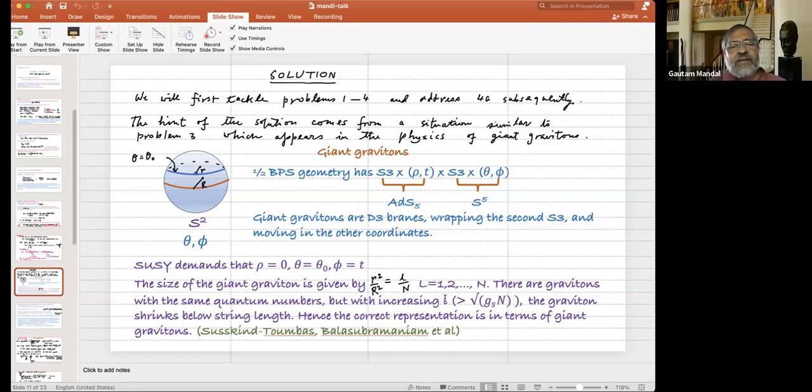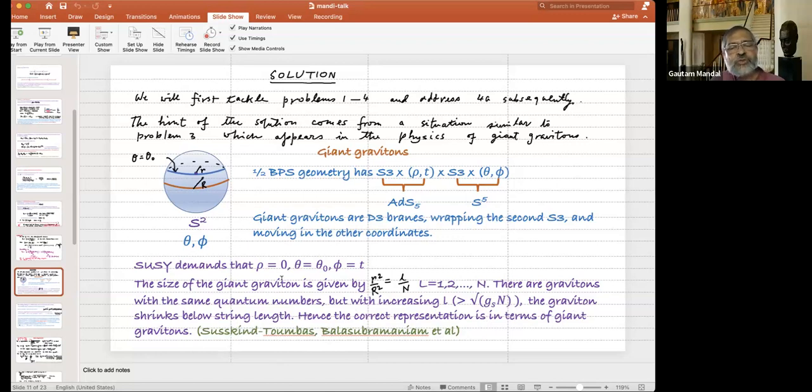With increasing angular momentum, the size of the graviton shrinks, and L does not even have to scale with N, it just has to scale with g_s N, and it shrinks below the string length. So the correct representation was suggested and verified in several subsequent papers by Susskind and Tumbas, and there's a very beautiful paper by Vijay et al. The correct representation is in terms of giant gravitons.